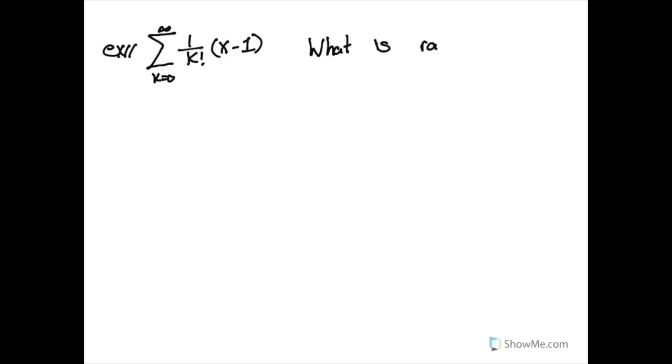All right, so let's see one more example. Let's consider the power series centered at 1, given by the sum of 1 over k factorial times (x minus 1) to the k, for example, where k equals 0 is the starting point and infinity is the ending point, of course. The question is, what is the radius of convergence?